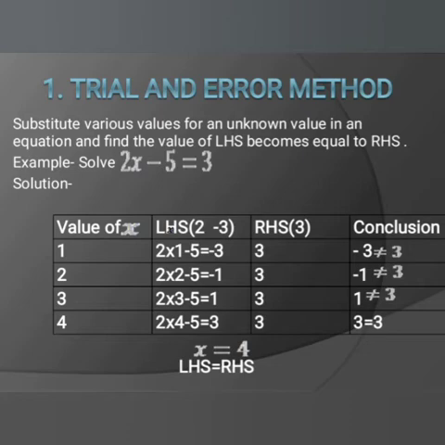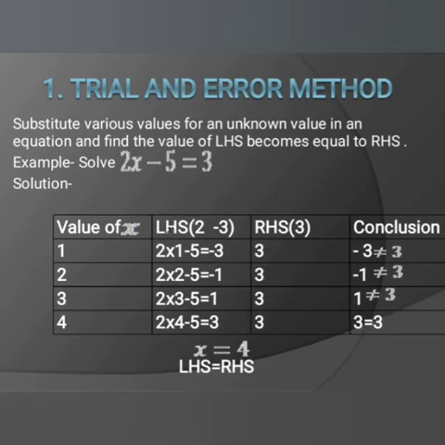In this method, we substitute various values for an unknown value in an equation and find that particular value for which the value of the LHS, that is left hand side, becomes equal to the value of the RHS, that is right hand side, in the equation.